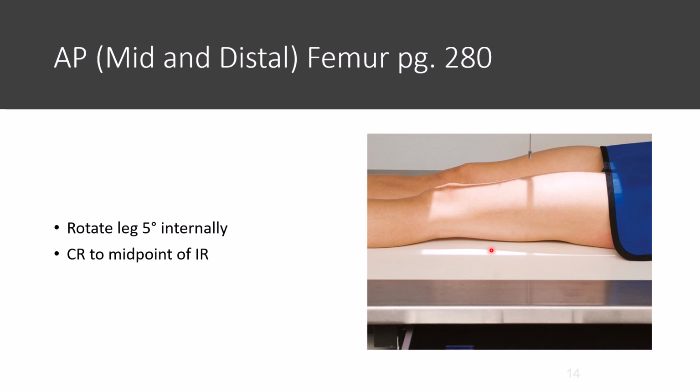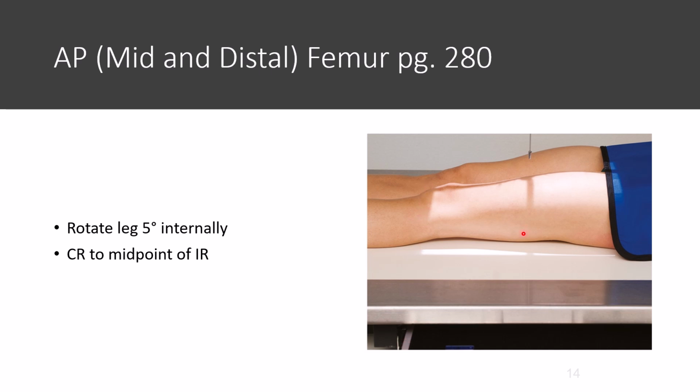Okay, now this is for distal femur. You make sure that the knee joint is included on the IR. Central ray is perpendicular, and it's basically you include the knee joint, so wherever that ends up, as long as you have the knee joint at the bottom of the IR, then that is acceptable.